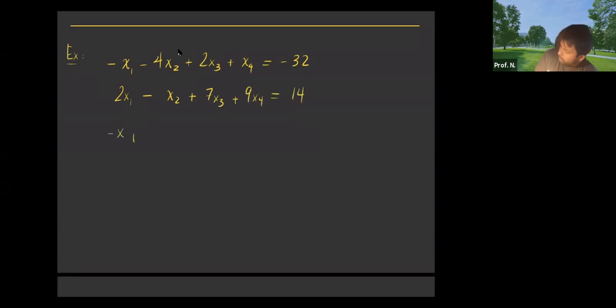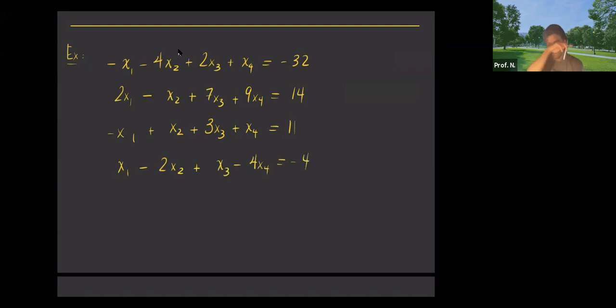So this is a 4x4. x1 plus x2 plus 3x3 plus x4 equals 11. I have x1 minus 2x2 plus x3 minus 4x4 equals negative 4. So suppose I have this system, 4x4.